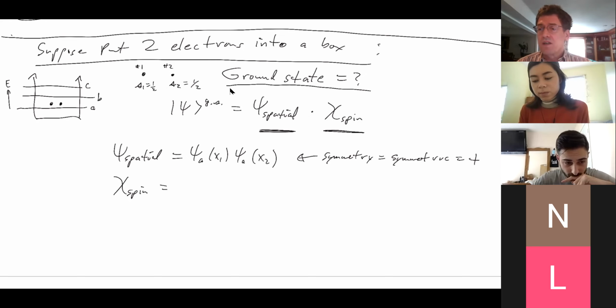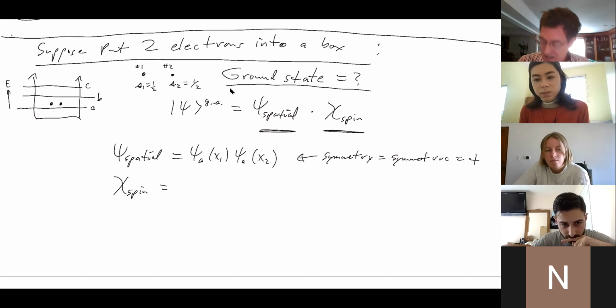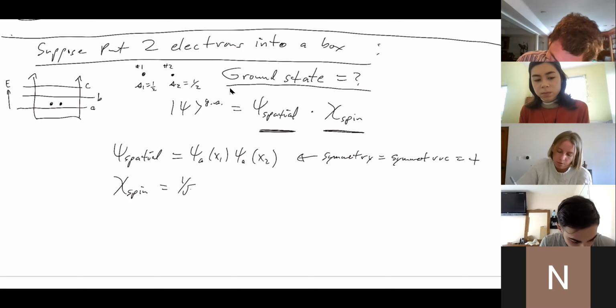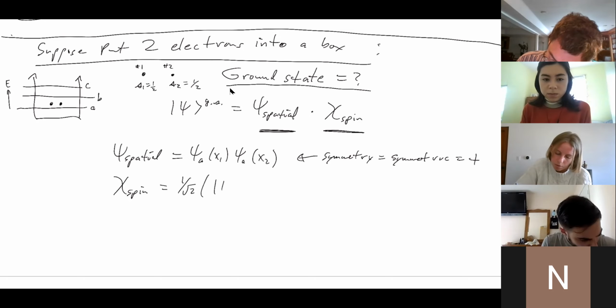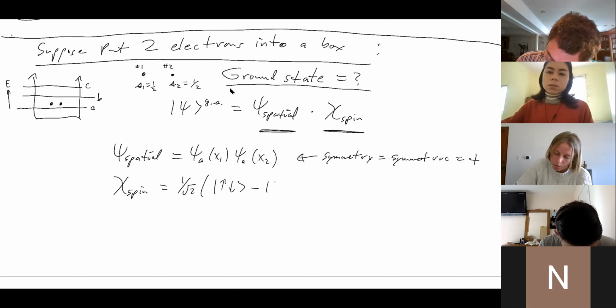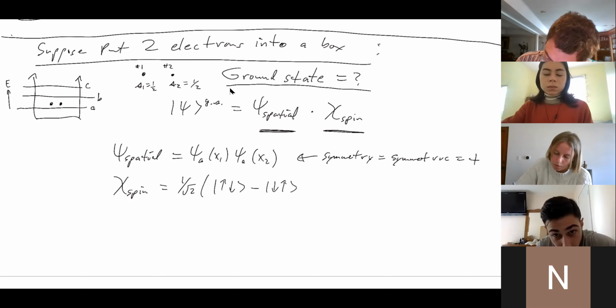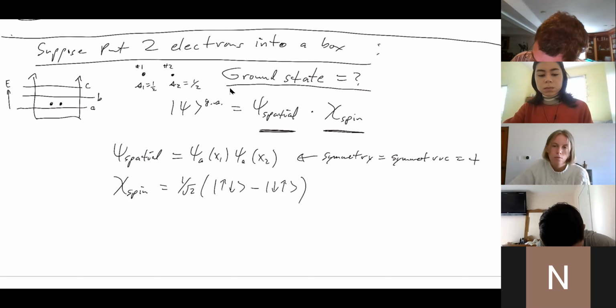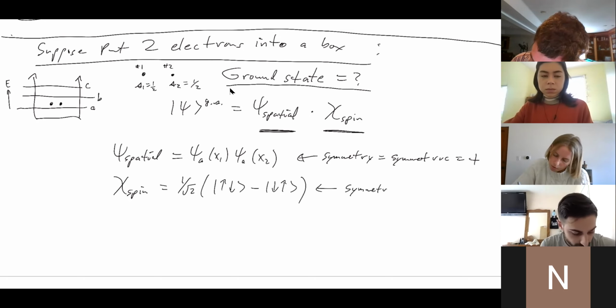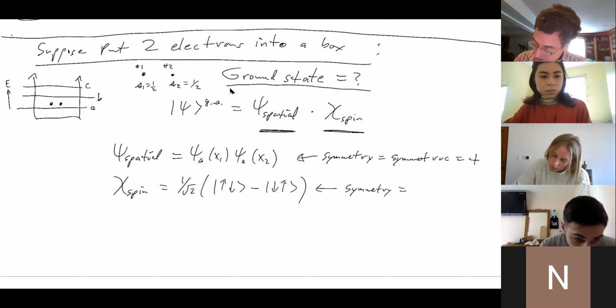Somebody tell me. The singlet? Yeah, exactly, the singlet. 1 over square root of 2, up, down, minus, down, up. And the reason we do that is because the symmetry of the singlet state is what?